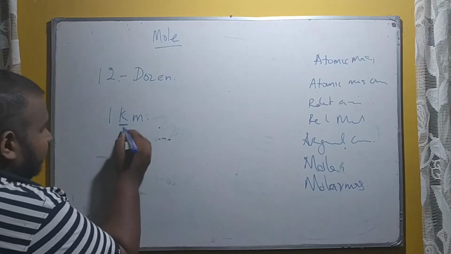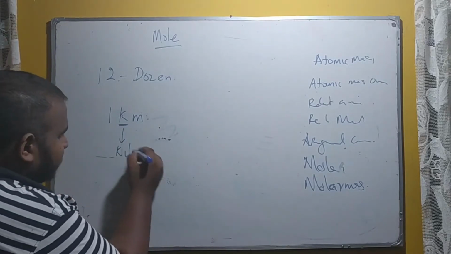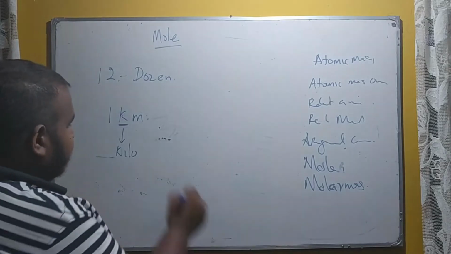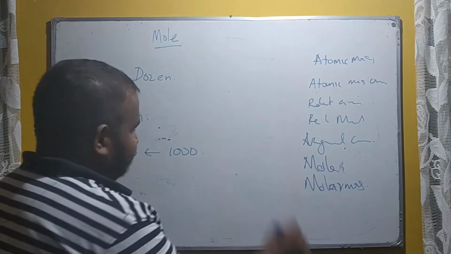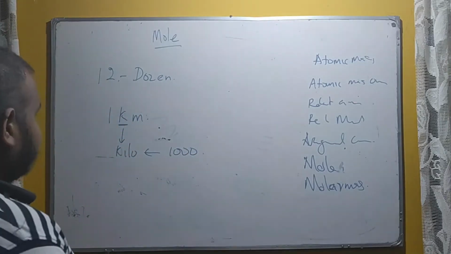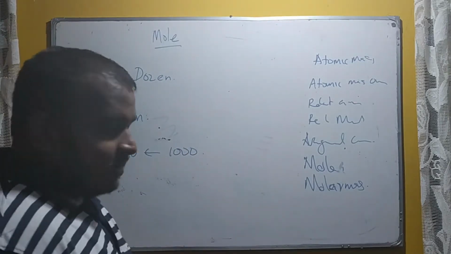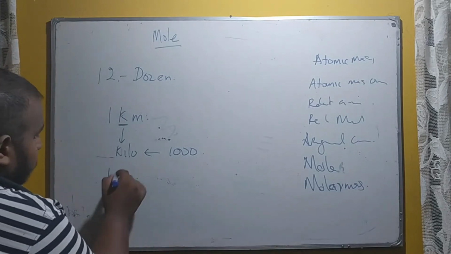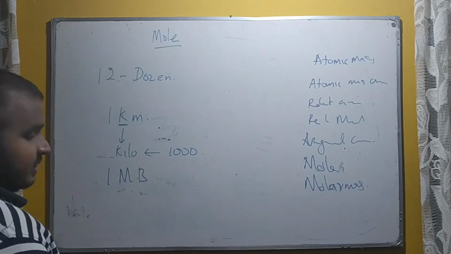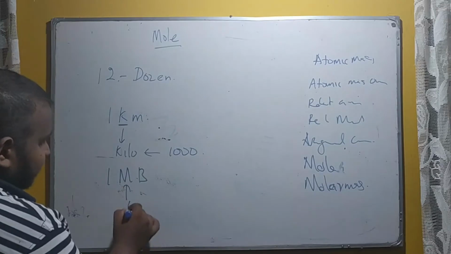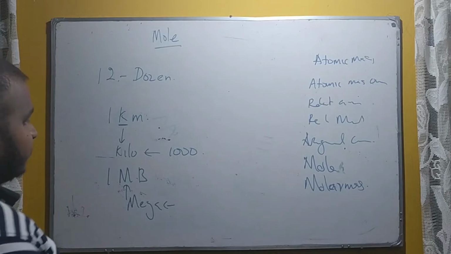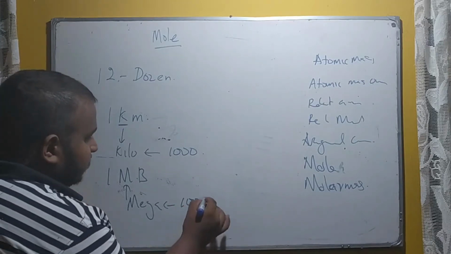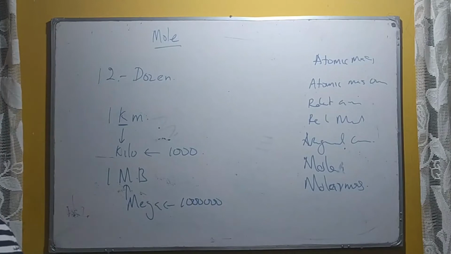What does this K mean? The kilo is a prefix, equal to 1000. And 1 MB, 1 megabyte. This mega means 1 and 6 zeros, 1 million.